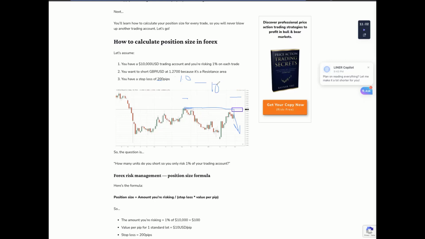So that means you could have used 0.1 and still use 200 pips as your stop loss, and the market goes there to eat you, and you lose just 1%. You can also still use 1.0 and your stop loss level will come closer to your entry level.